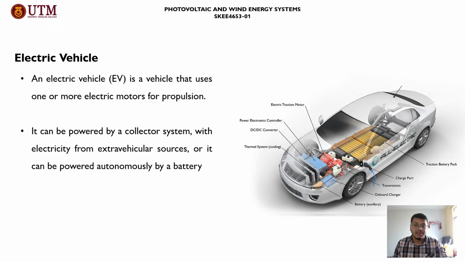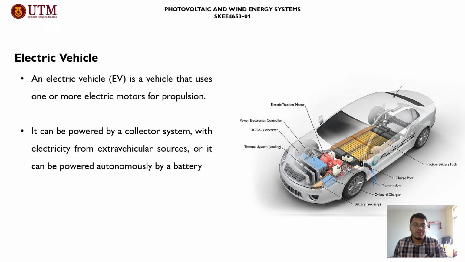Because it runs on electricity, the vehicle doesn't emit any kind of greenhouse gas, and it doesn't need any kind of fuel or need to refuel at a petrol pump.